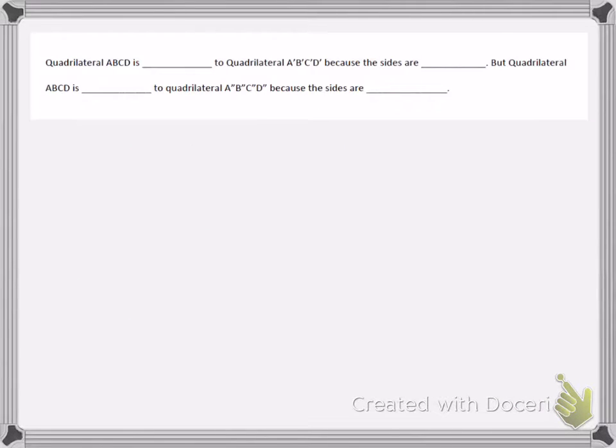And so considering our last question here on our first part, quadrilateral ABCD, our original, is congruent to A'B'C'D', and that is because the sides are all congruent.